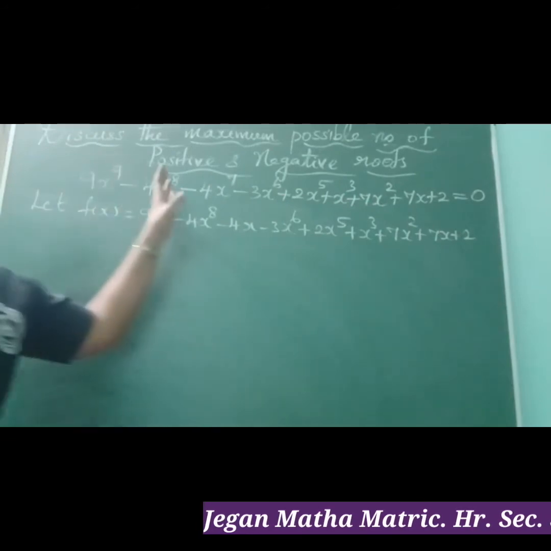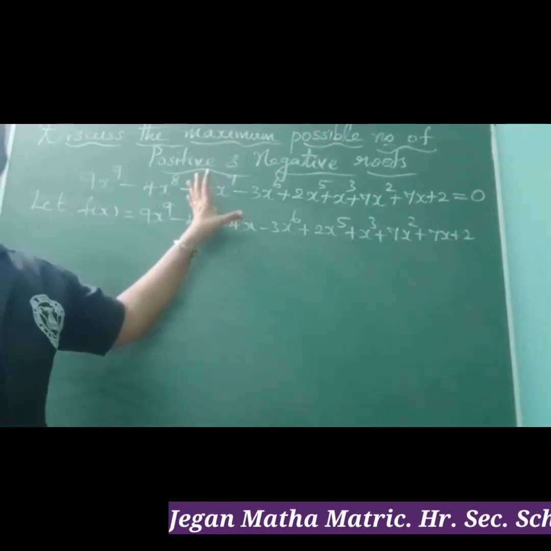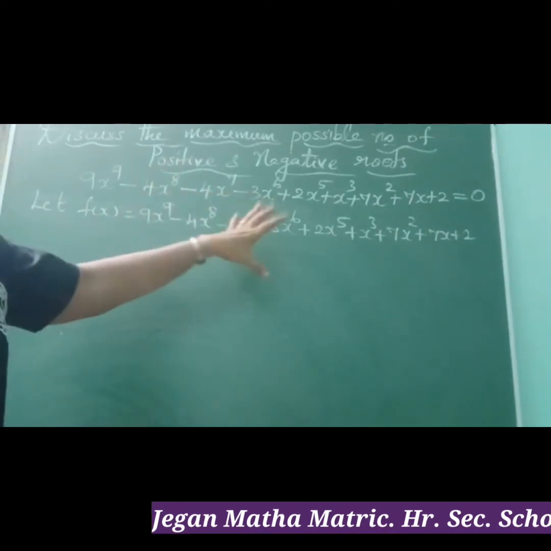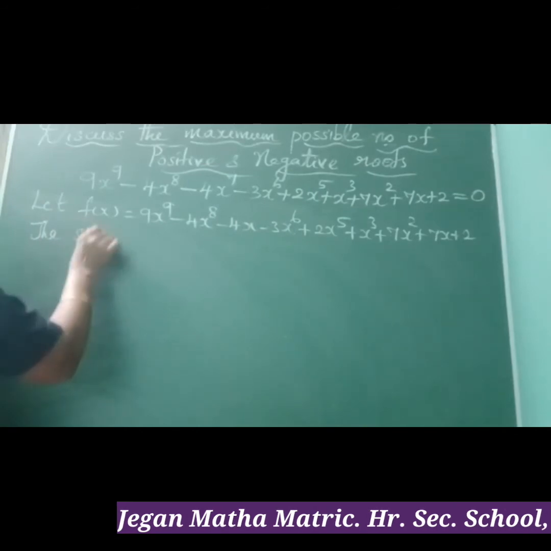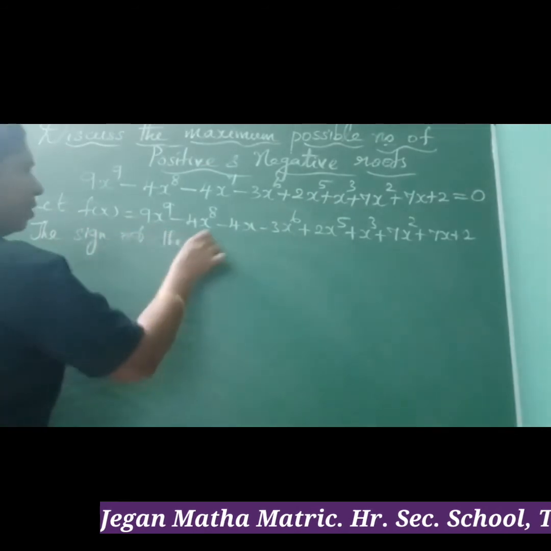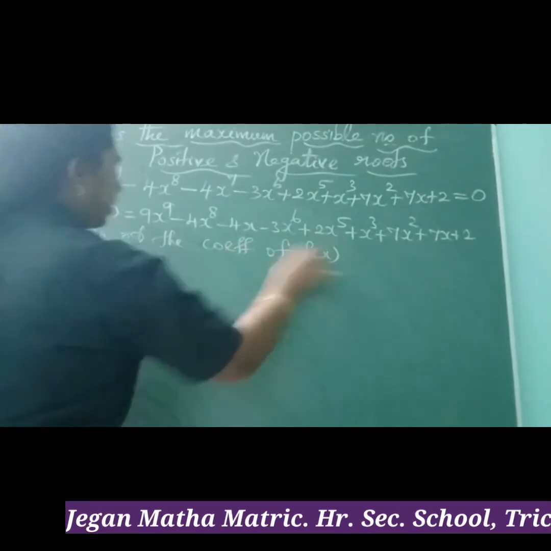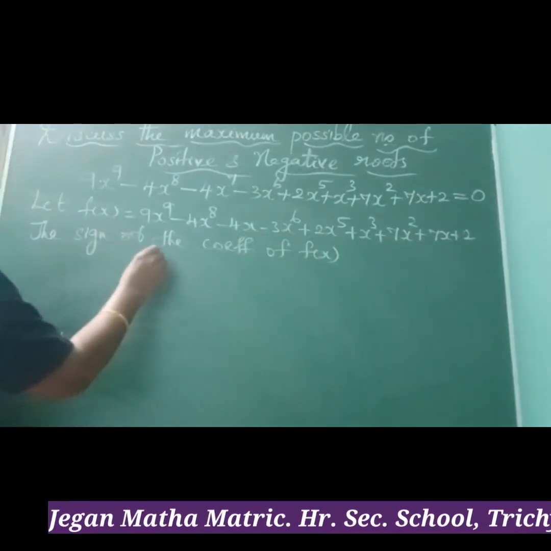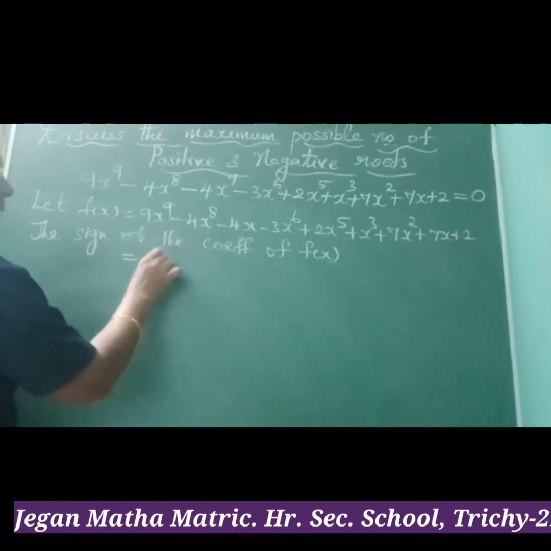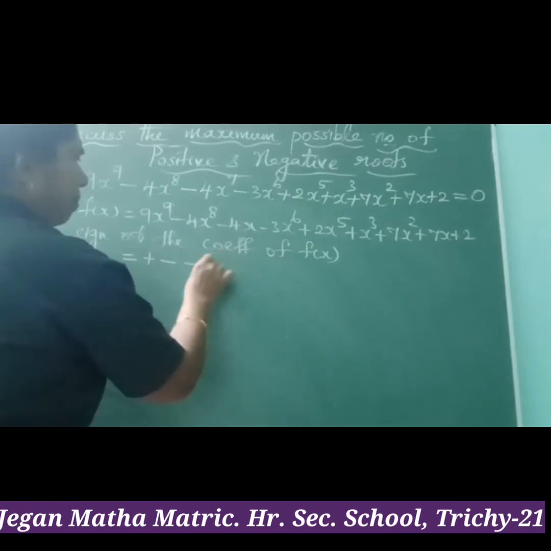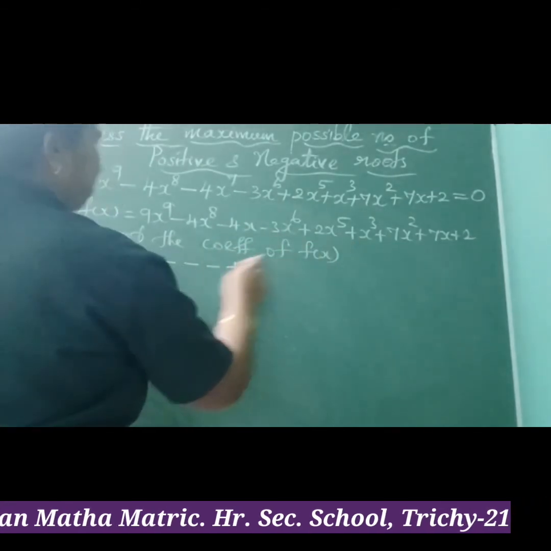So the given polynomial we are assuming as f(x). Now we have to write the signs of the coefficients of f(x), that is plus, minus, minus, minus, plus, then everything is plus.